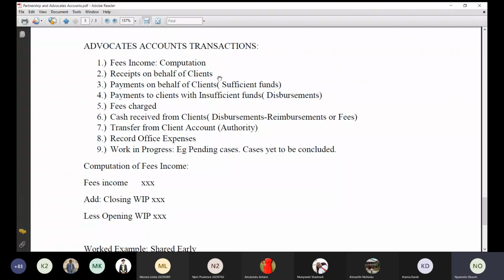Sales represent the income that we've gotten from sales. For the advocate, it would be the fee income that you've gotten from your clients. And that fee income must be computed. It will be computed through a formula, which I've seen here. When you go into that question, you will see fees income.